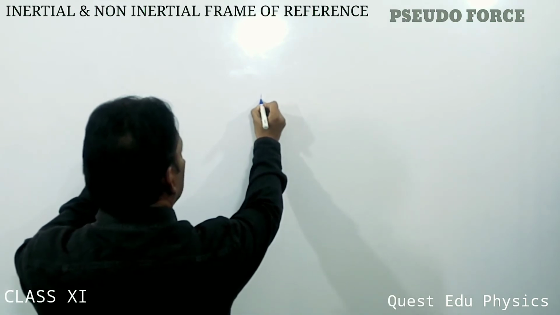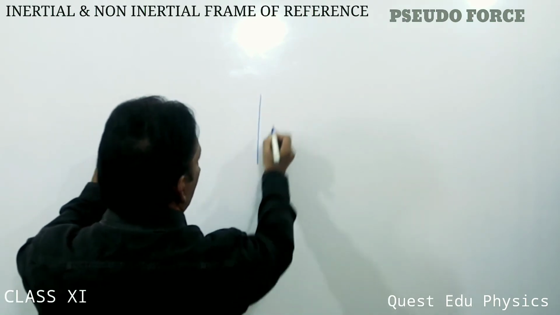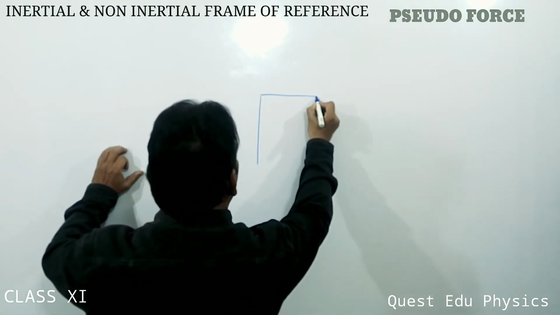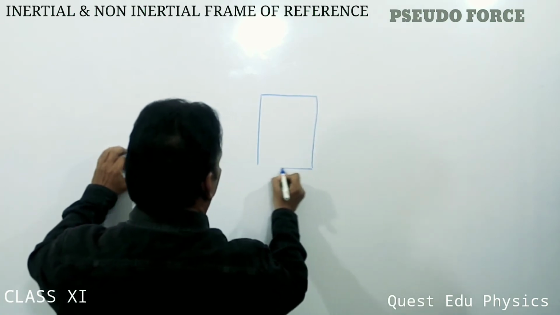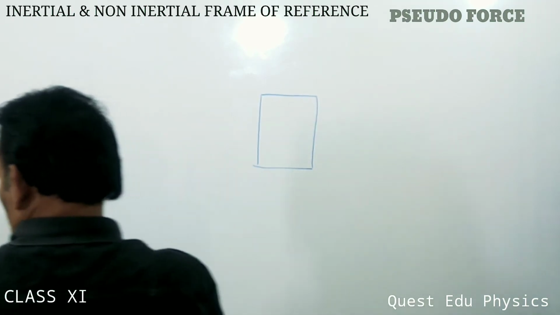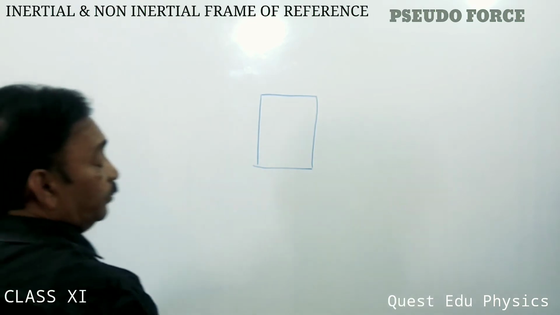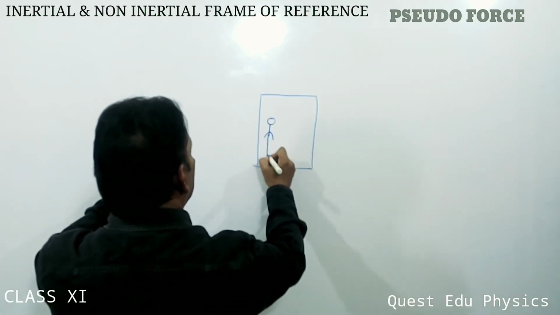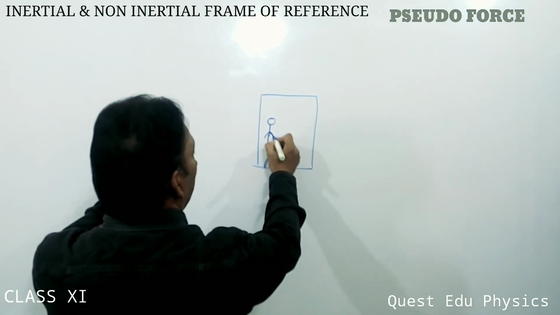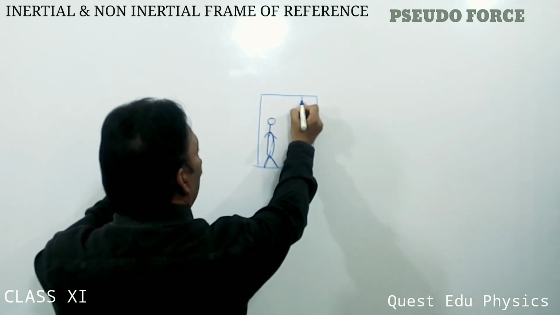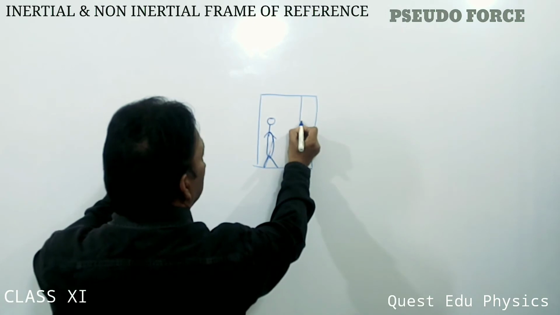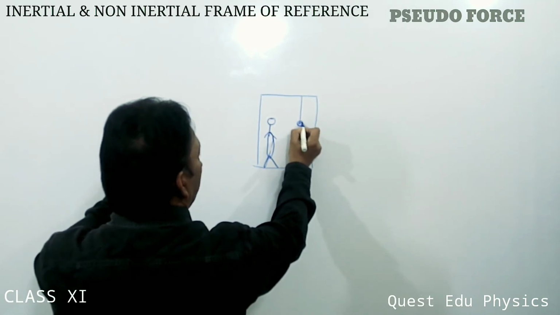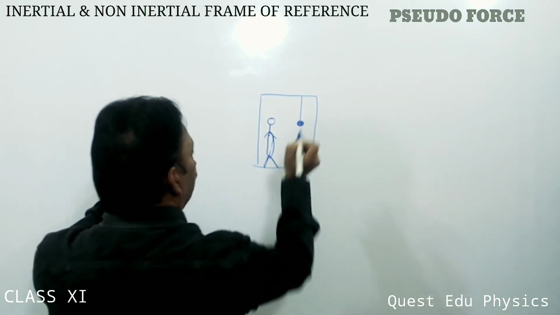Let's say it's a lift, students. It's a lift and a person is standing in this lift, students. A pendulum is suspended in the lift.